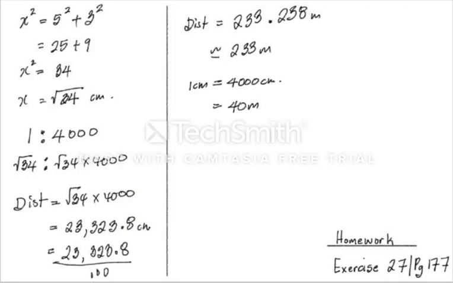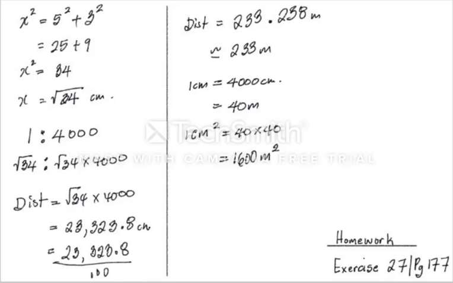So 1 centimeter is 40 meters. 1 centimeter square, which is 1 centimeter times 1 centimeter becomes 40 times 40. And 40 times 40 is what? 40 times 40 is 1,600 meter square. 1,600 square meters.